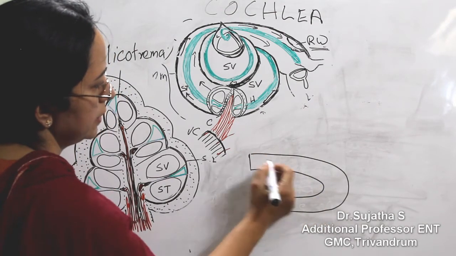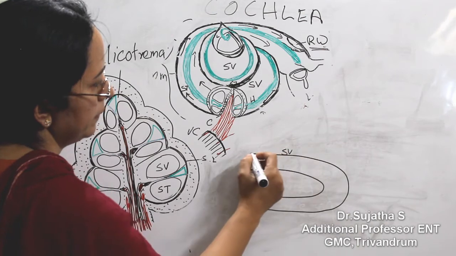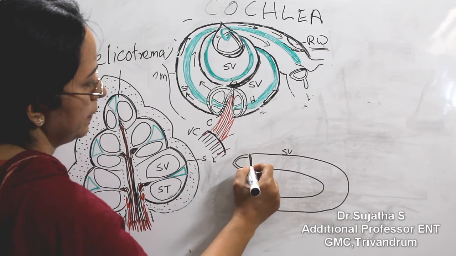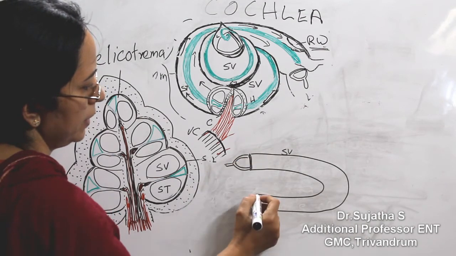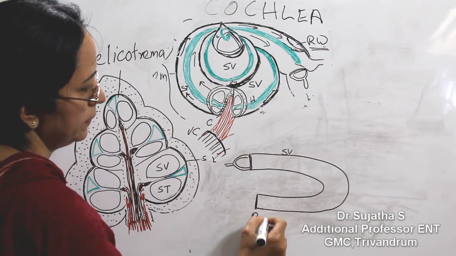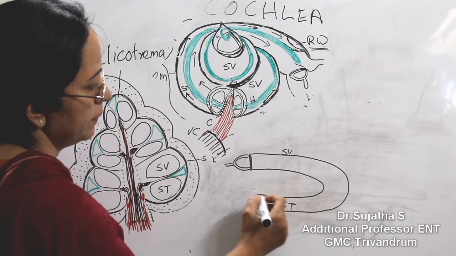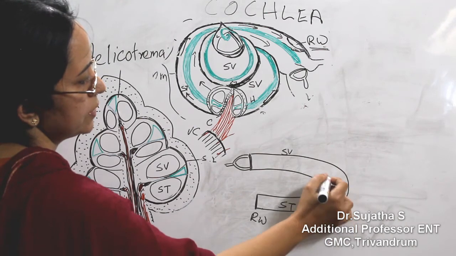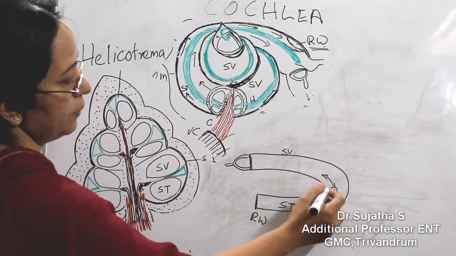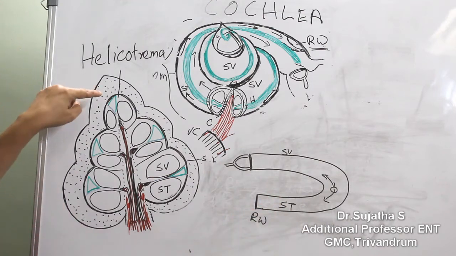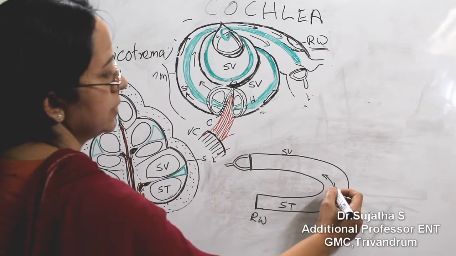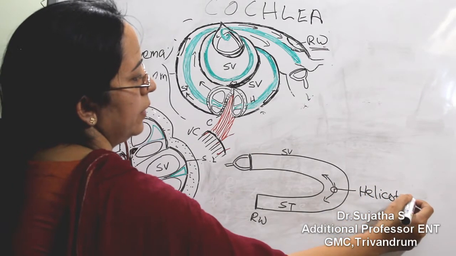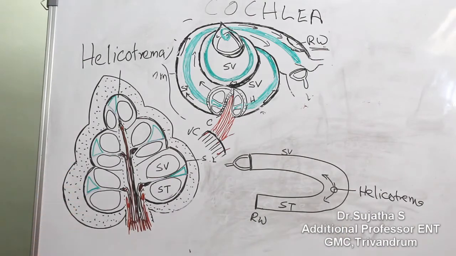This is the Scala vestibuli with the footplate of stapes at one end, and here comes the round window membrane, and this is Scala tympani. At the central point there is an opening through which perilymph of the Scala vestibuli communicates with the perilymph of the Scala tympani, and that point is called the helicotrema. That you also have to remember.